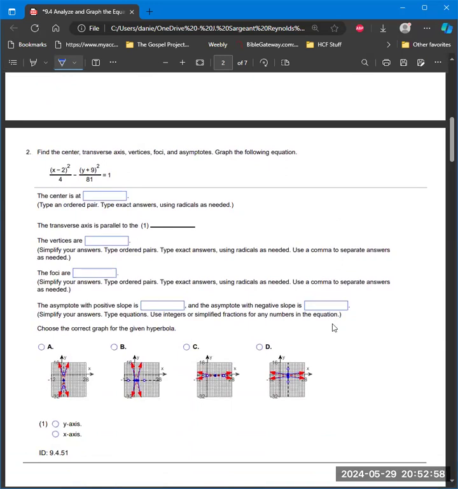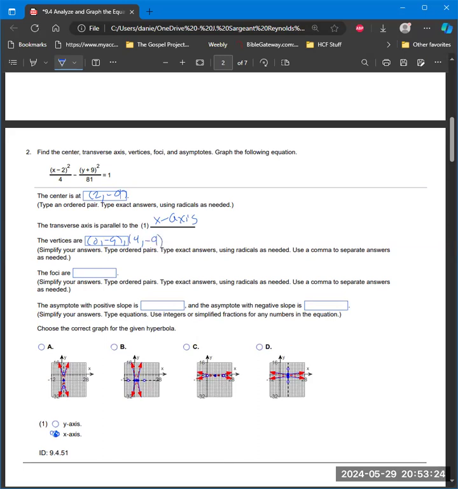So this one has a center at (2, -9) since it has an h and a k. The transverse axis is parallel to the x-axis again, because the x part is positive. The vertices are going to be plus or minus 2 in the x direction from this: (0, -9) and (4, -9).